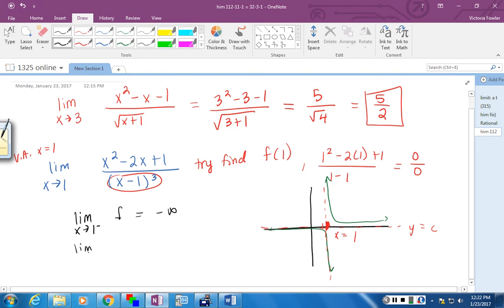And it looks like as x approaches 1 from the right, tracing it here, my y values shoot off to positive infinity. So I can say that the limit of my function f does not exist, but I could tell you that end behavior. These two things do not equal, so the limit does not exist.